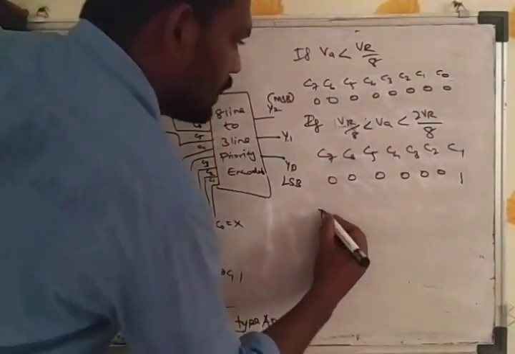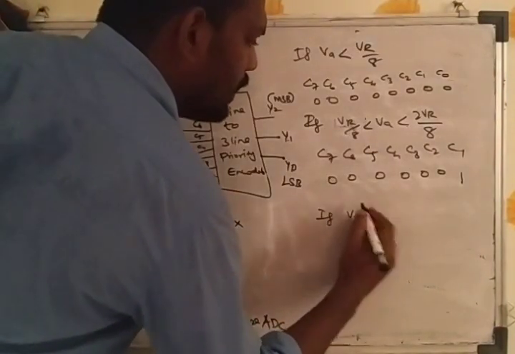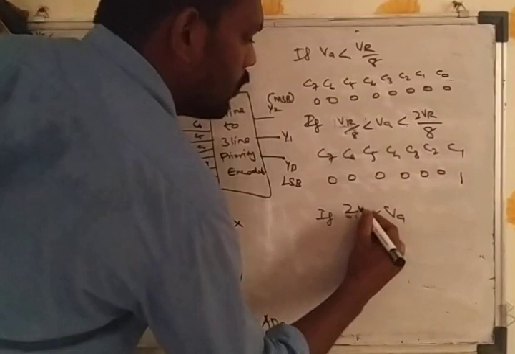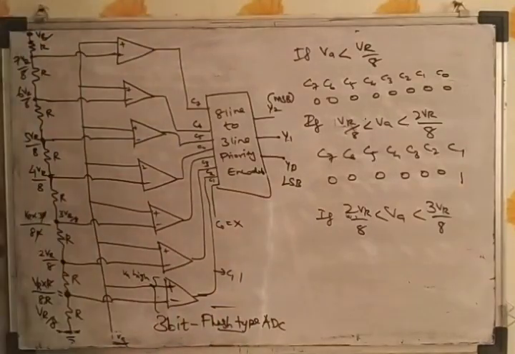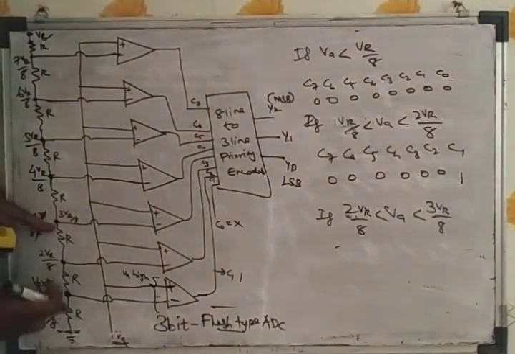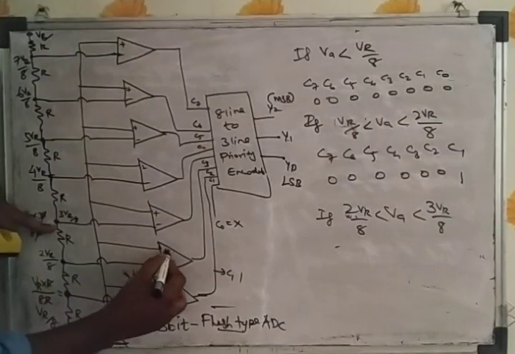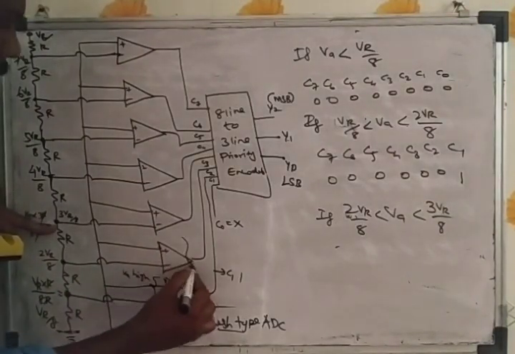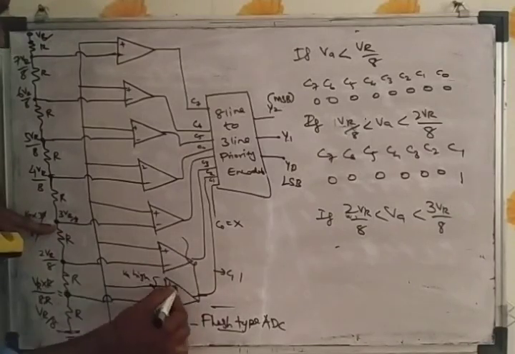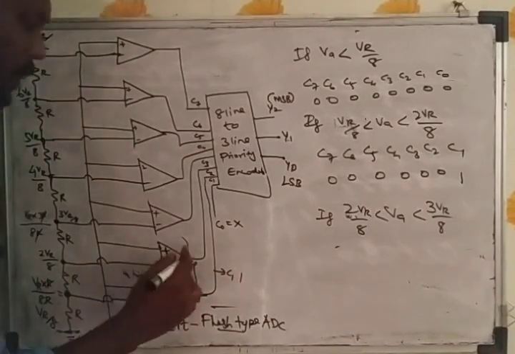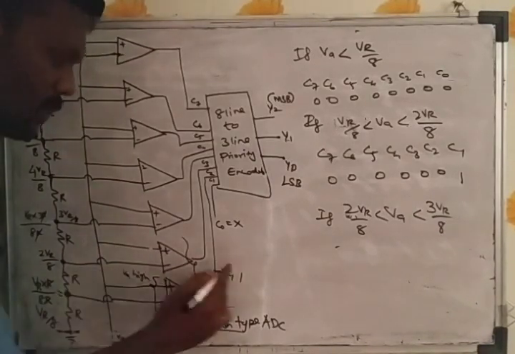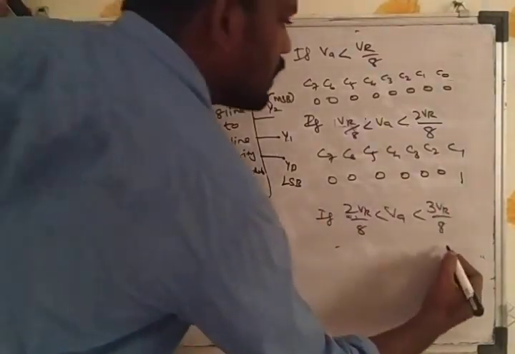Similarly, if VA is in between 2 VR by 8 to 3 VR by 8, then in between this voltage you have these 2 op-amps whose non-inverting terminal voltage is high, so C1 is 1 and C2 is 1.